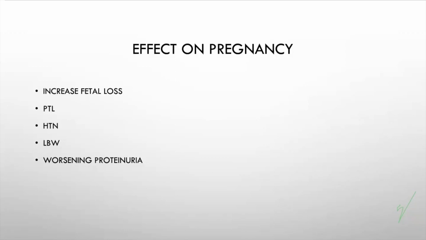Always when you take a history on a patient with renal disease, you start as usual with your G's and P's, Rh status, GBS, and the gestational age. And then after that, you have to go to your past obstetrical history.